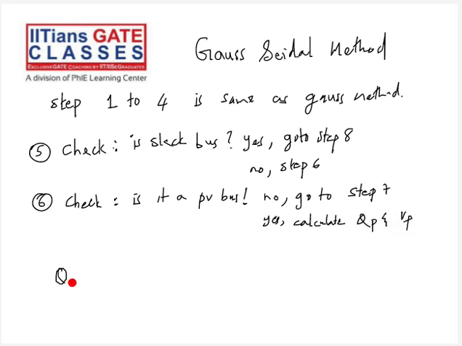We calculate QP of K equal to the imaginary part of VPK minus 1 conjugate into the sum over Q equal to 1 to N of YPQ VQ K minus 1. This formula we derived earlier, right?